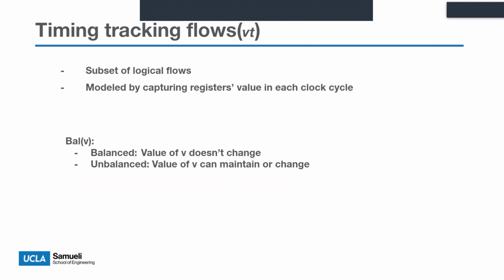BAL V is a Boolean variable that declares whether variable V is balanced or not. A balanced update on BAL V means that the value of variable V is stable and doesn't change. On the other hand, an unbalanced update means that there is a clock cycle where V can either maintain its current value or get changed. So BAL V is decided by analyzing the program control flow graph.